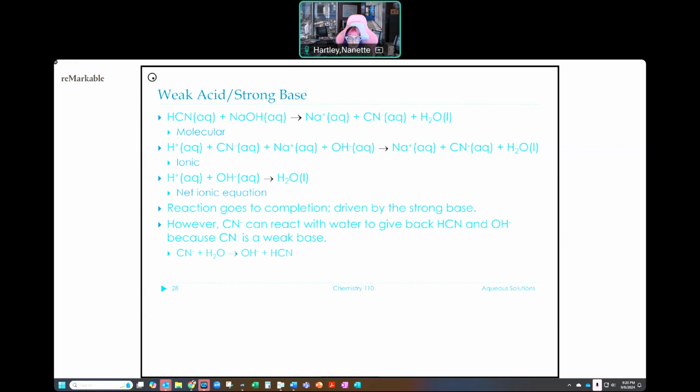So that Na and the CN being in solution, that Na doesn't want to react with anything because it's perfectly happy. It's not going to react with parts of water to go backwards and give us that NaOH back because it doesn't want to. But that CN, it's not overly happy being the way it is. It wants to react with water again. And it'll walk up to a water and say, you know what, water?